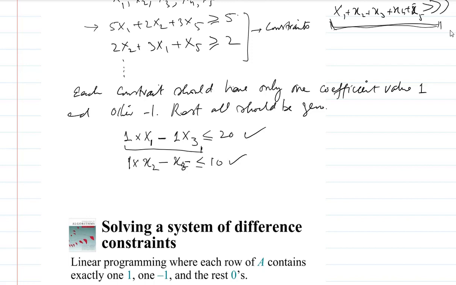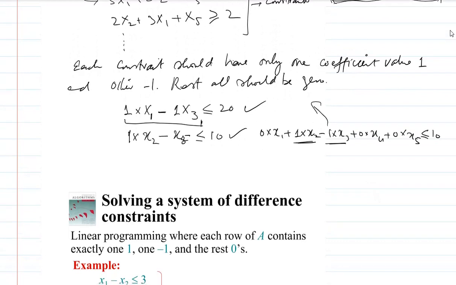Let me rewrite it: it is the same as saying 0 multiplied by x1 plus 1 multiplied by x2 minus 1 multiplied by x3 plus 0 multiplied by x4 plus 0 multiplied by x5 should be less than or equal to 10. So in this case, we have only two nonzero values, one is 1 and the other is -1, and the rest are all 0. So this is an example of a system of difference constraints.